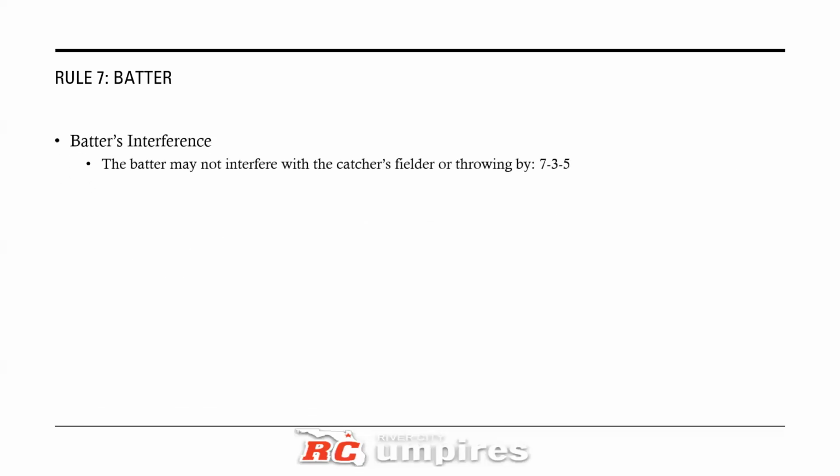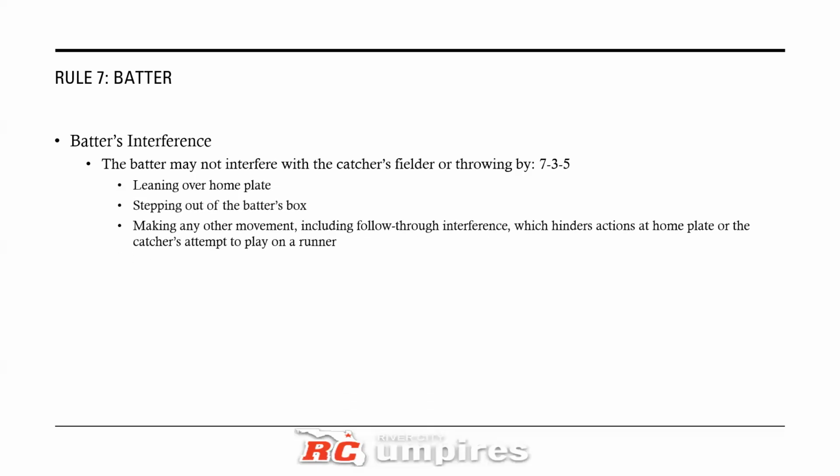All right. Batter's interference. The batter may not interfere with the catcher's fielding or throwing by leaning over home plate, stepping out of the batter's box, and this is the key one, making any movement that includes follow-through interference, which hinders the actions at home plate or the catcher's attempt to play on a runner.